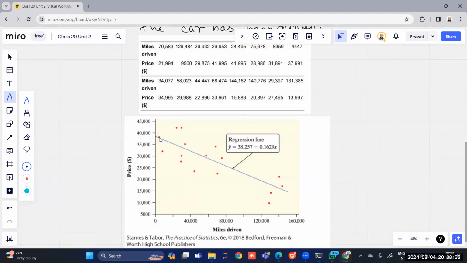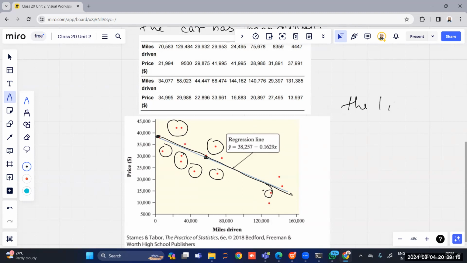You can see that there are many points here and here, but the best line that he has chosen is between all these points. Yes or no? Only two points are coming on this line generally, but the line is between all the points.